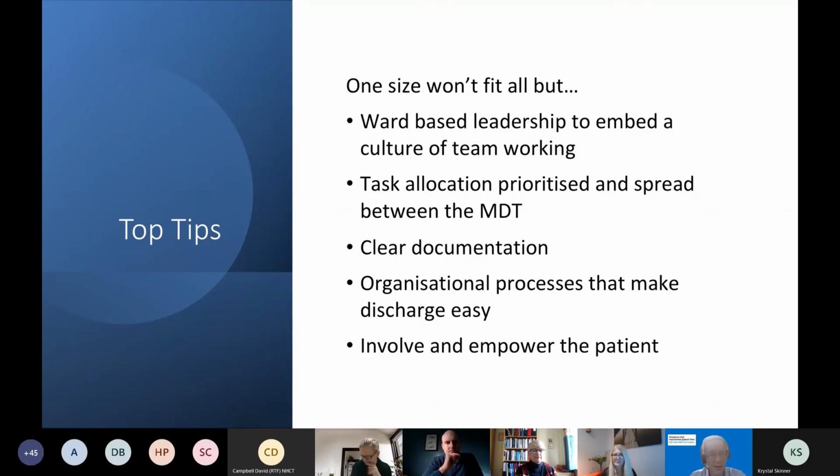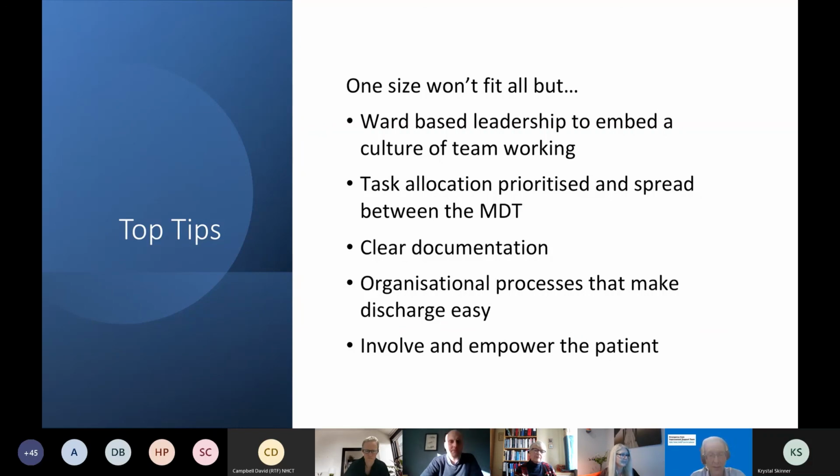So to close with our top tips, really, one of the key things for me is there is not one size that fits all here. Each ward is different. You know that, I know that. The ward-based leadership culture is really important. Task allocation needs to be prioritised and spread evenly amongst the MDT. So think about competency-based working rather than professional silos. We've heard around the importance of clear documentation so it's easy, and that mitigates some of the workforce issues and challenges.